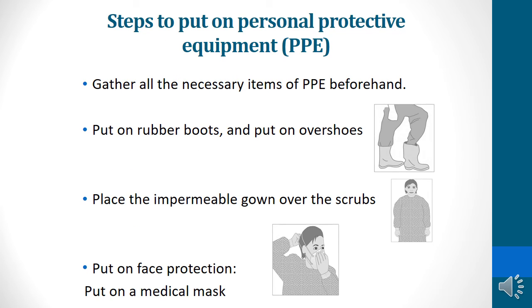The steps to put on personal protective equipment. First, gather all the necessary items of PPE before the procedure. Second, put on rubber boots and put on overshoes. Third, place an impermeable gown over the scrub. Put on face protection, which is the medical mask.